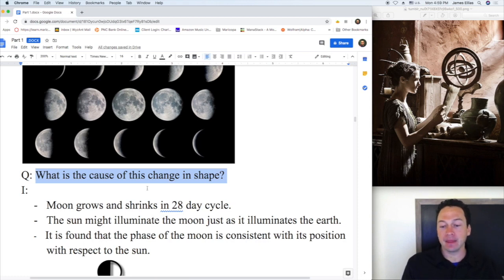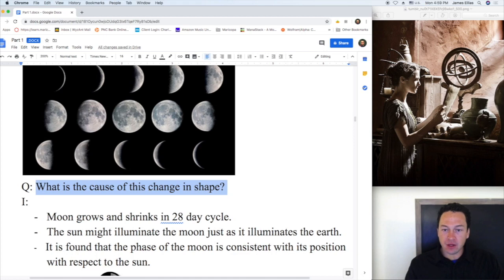Okay. Now, they take the position of the sun and the position of the moon into account over the course of many days. And they find that indeed the position of the sun and moon is always consistent with these predictions of what causes the phases.